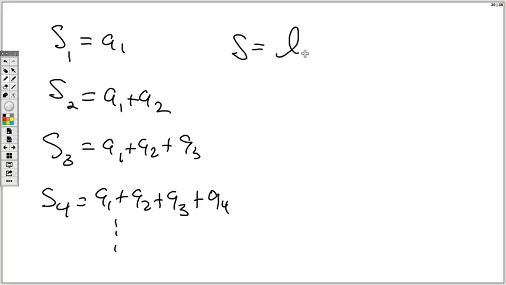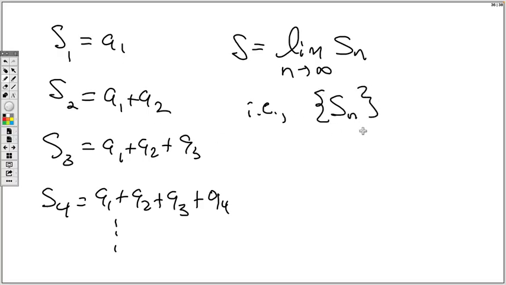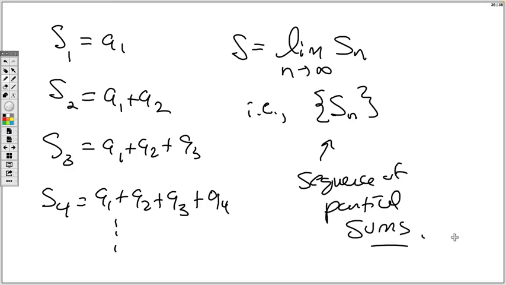The limit S is the limit as n goes to infinity of S sub n, i.e., we're looking at the sequence of partial sums. So if a series converges, at the end of the day we're really looking at its sequence of partial sums, which ties it into what we did yesterday. Okay? So there are callbacks conceptually to what we did last week with improper integrals, and there are callbacks to what we did here.